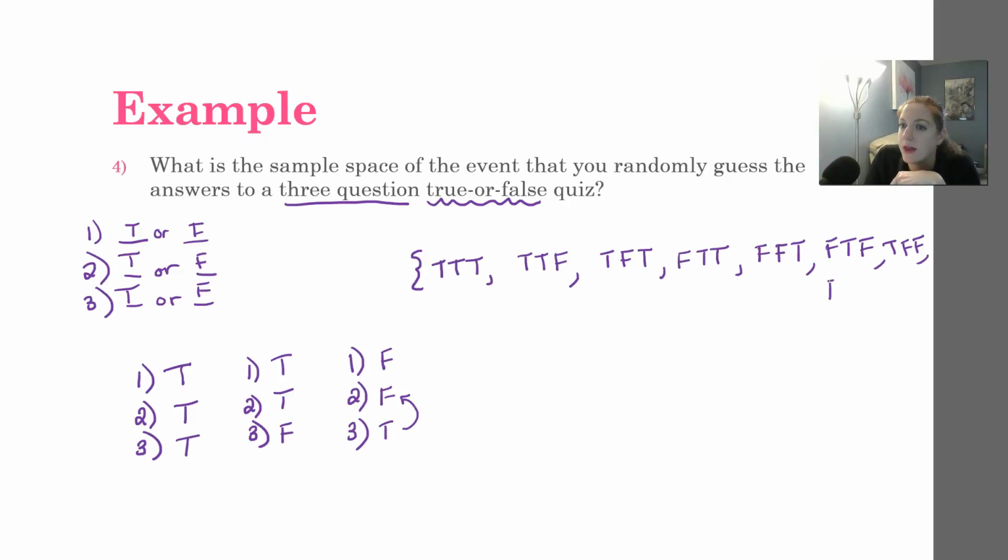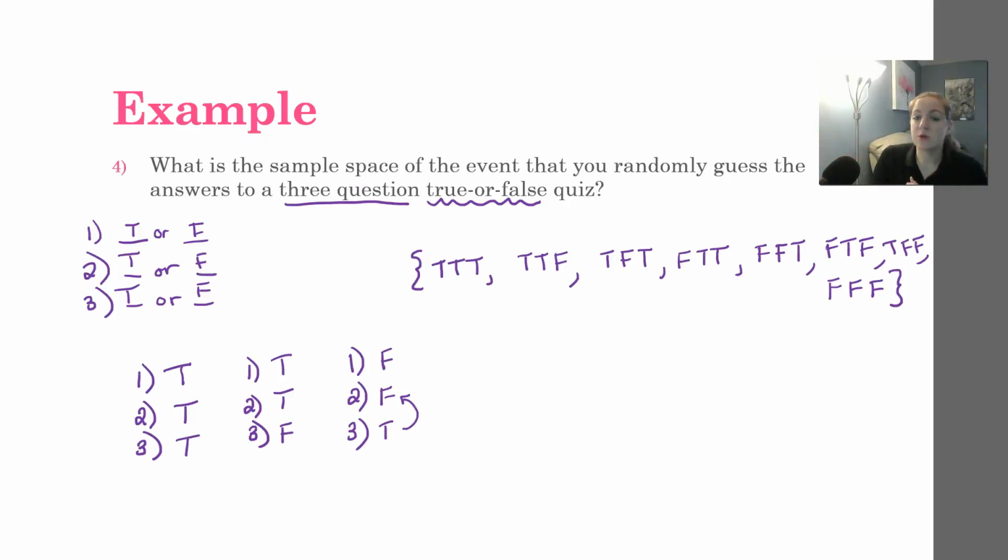How about they're all false? Let's make them all false. So if we look here, how many total outcomes are there? There's 1, 2, 3, 4, 5, 6, 7, 8. So there's 8 outcomes of just randomly guessing on a 3-question true or false quiz.